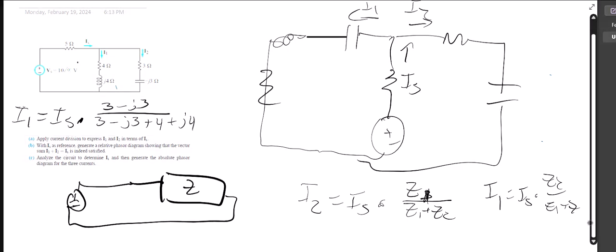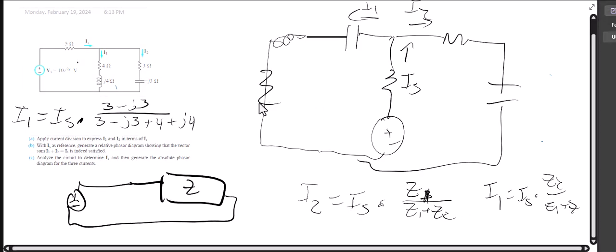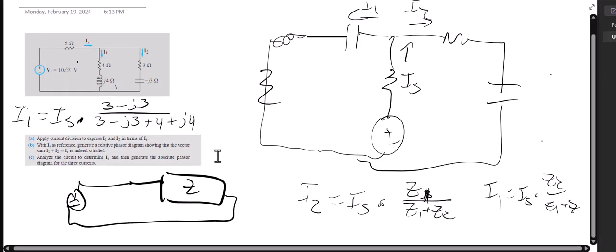So that would give me I1. So you take your source current and multiply by the other impedance over the sum of the two impedances. And that's how you would do that. And you do it the same way even if it looked different, like this one that I have on the right looks different.